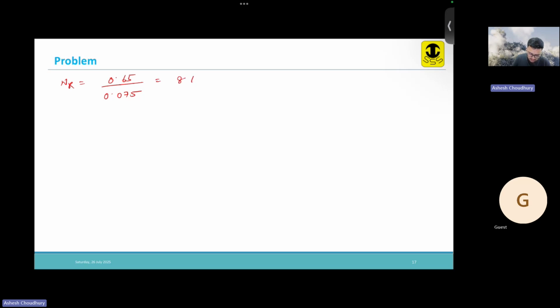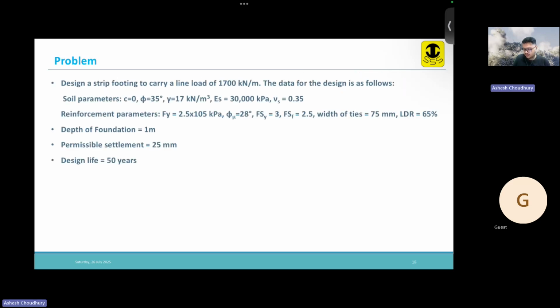So 8.67 ties per meter length of the footing. Okay, 8.67 ties per meter length of the footing.